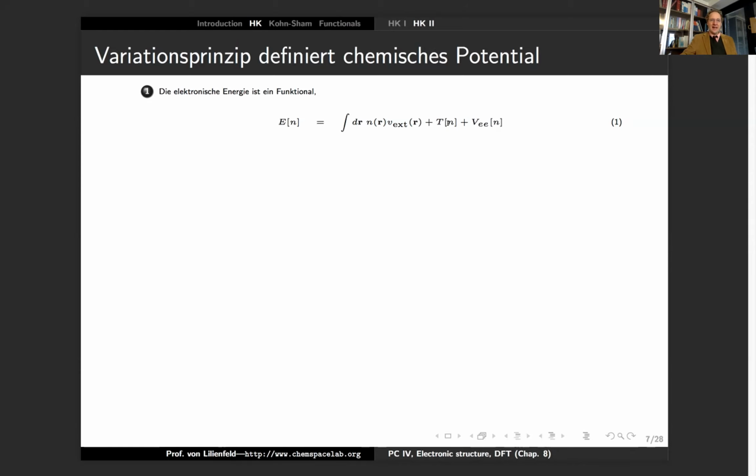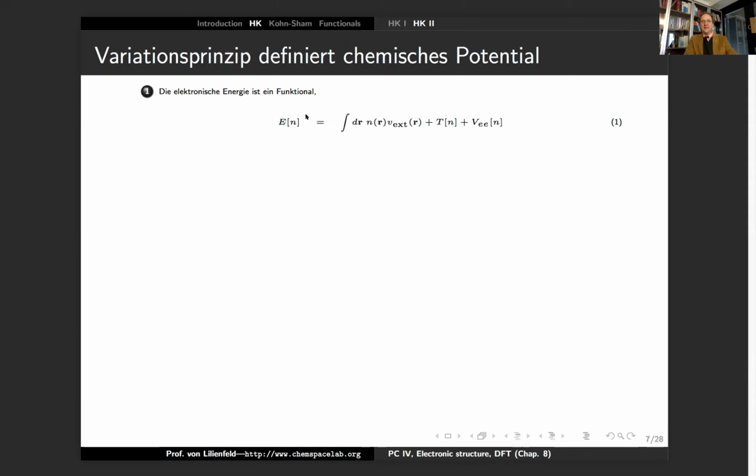So the electronic energy can be written as a functional of the electron density implicitly. We don't know this exact functional, but we can write it implicitly. And we denote functionals with these square brackets, right? So this is now the energy, not as a function of n, but as a functional of n, right? So n is your entire function, and E is just a number, and you can think of this as an integral.